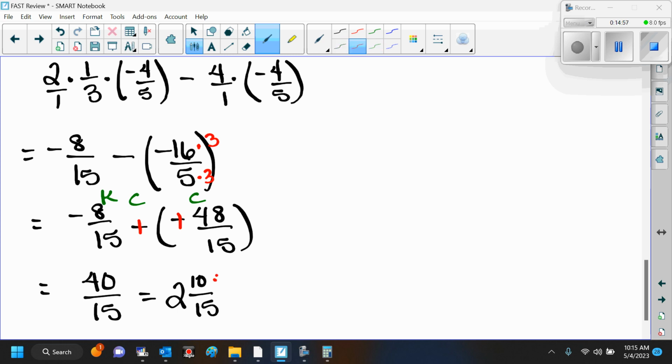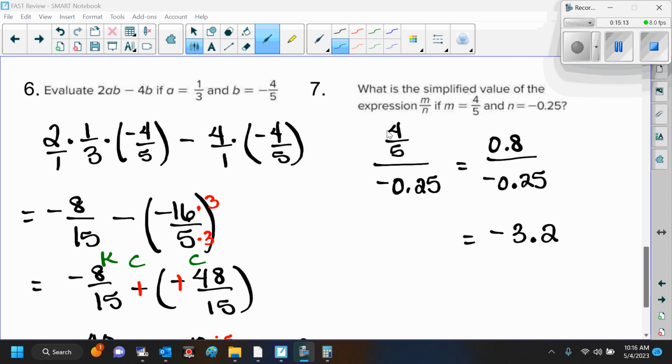And then, of course, we can simplify that by dividing by 5. I just love fractions. So this is going to be 2 and 2/3. Very good. So this is one that we could change that 4/5 to a decimal, right? So 4/5 as a decimal is 0.8, and then we're going to divide by 2500, negative.